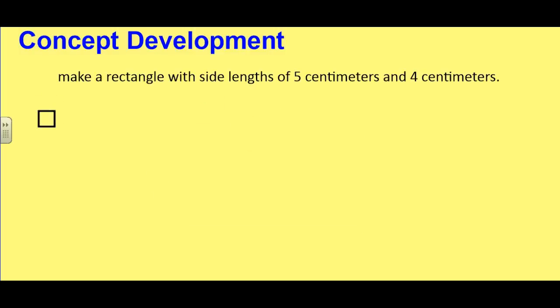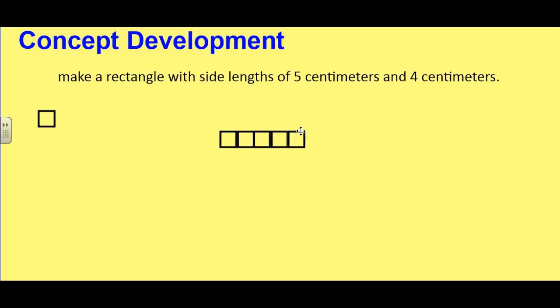Okay, you should have out your 20 square centimeter pieces. Since we know that we're going to have 5 in a row, we can start by putting 5 square centimeter pieces right beside one another to make a row of 5. And since we know that the other side length is going to be 4, we know that there's going to be 4 rows of 5 to help us make our rectangle that has an area of 20 square centimeters.